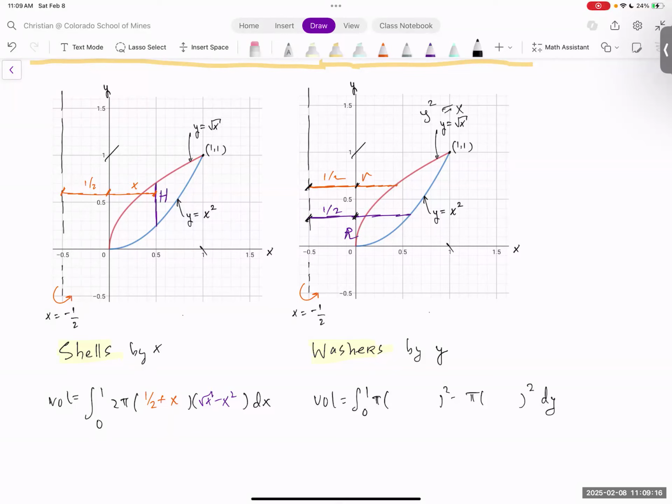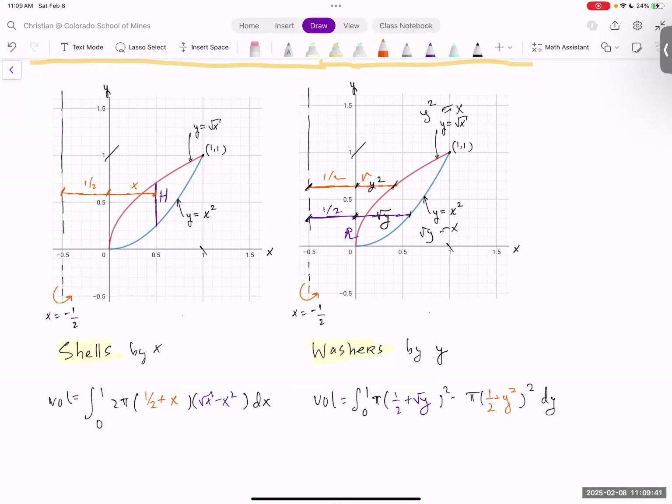So this part is y squared. For the purple part, it's x equals root y. All right, so our big radius is going to be root y plus 1/2, 1/2 plus root y. Our little radius is going to be 1/2 plus y squared. Y squared. Okay, that'll do it.